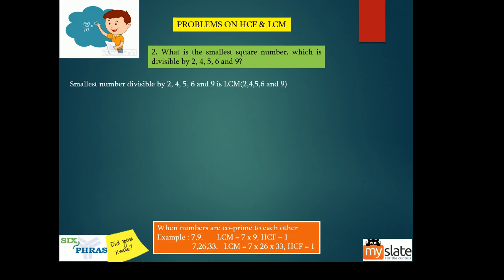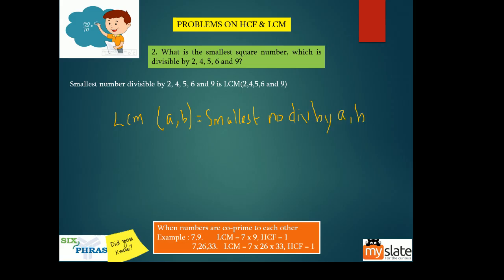So you have to remember this, which is LCM of two numbers is equal to smallest number divisible by those two numbers.